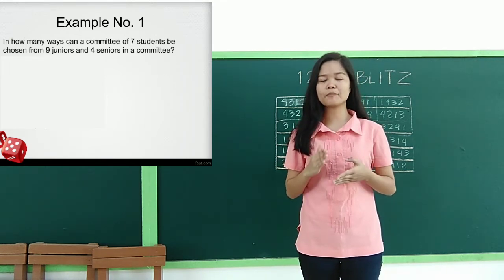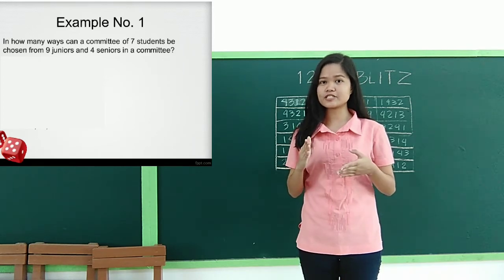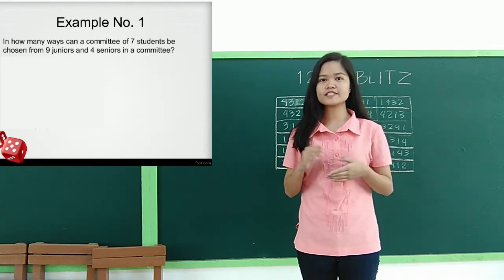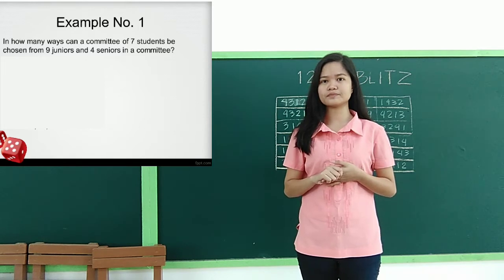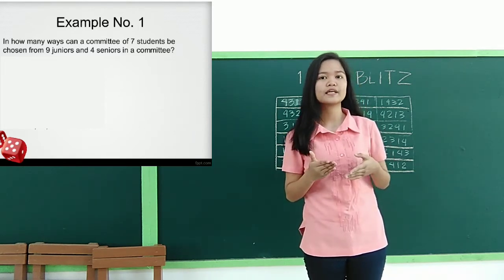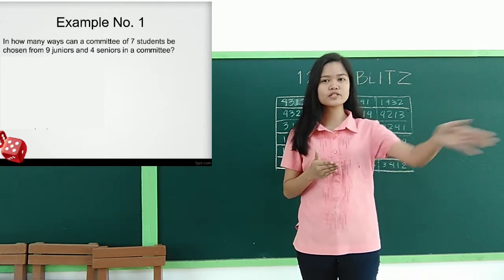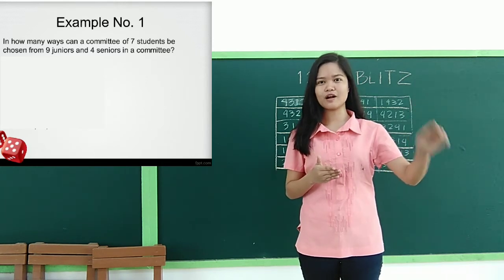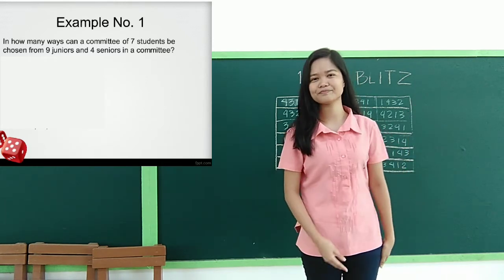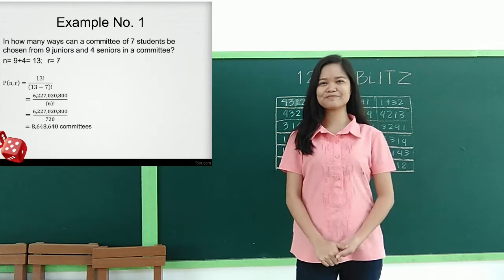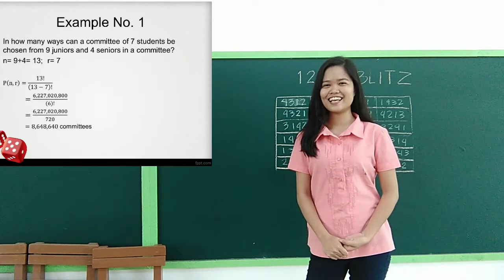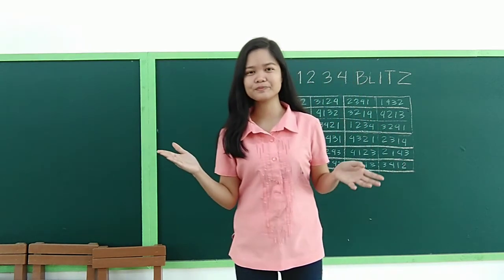The n is the number of juniors and seniors, and r is the number of students chosen. Using the formula, can you solve the problem? Who wants to solve the problem? Yes, Mr. Dinas. Good job. Did you get the same answer?